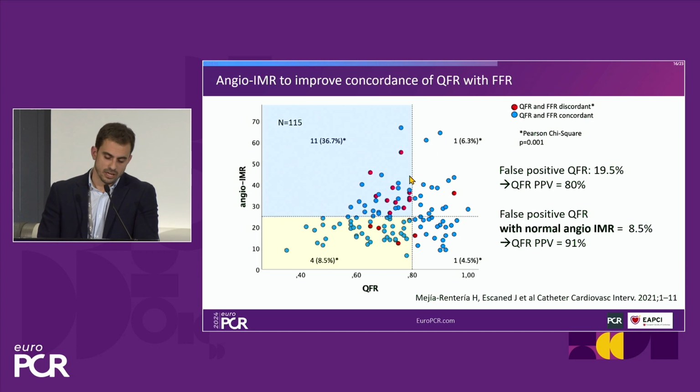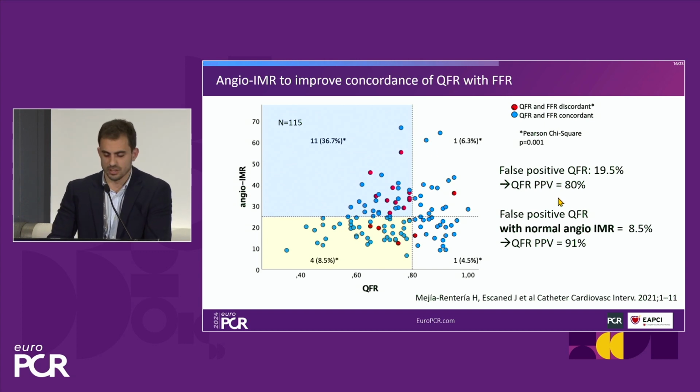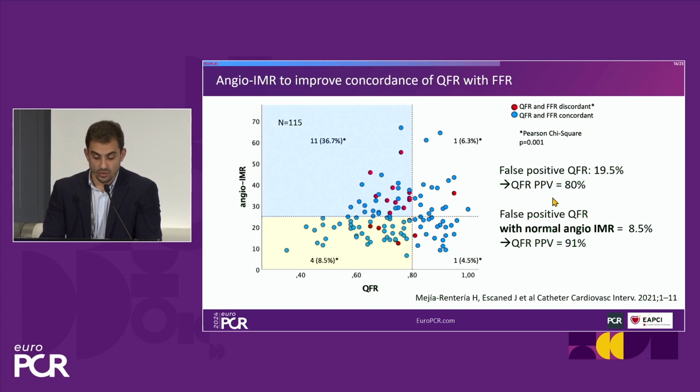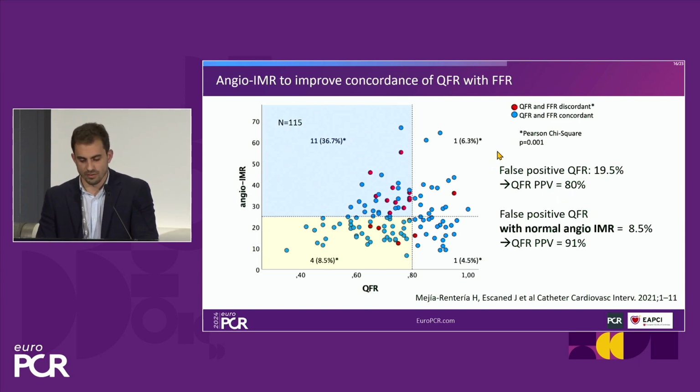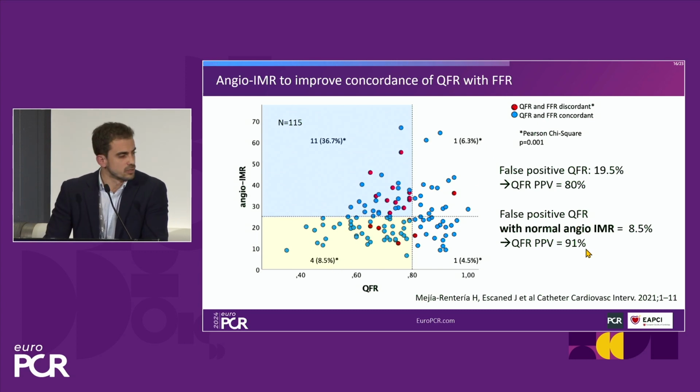The positive predictive value of QFR in this cohort was 80%. But when we erased the patients with discordant QFR and FFR values, the red dots, the positive predictive value went up to 91%.